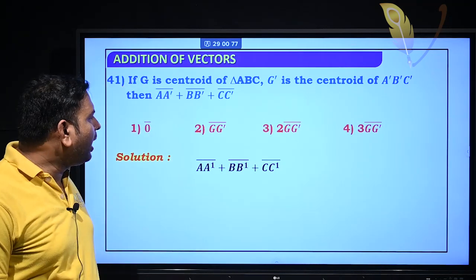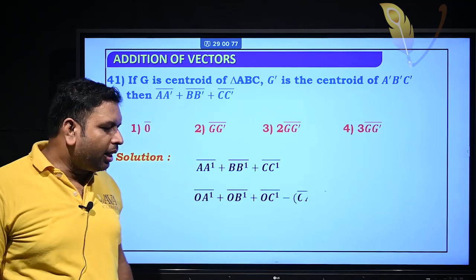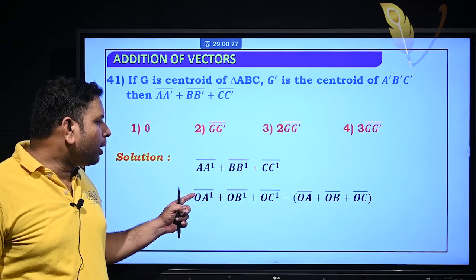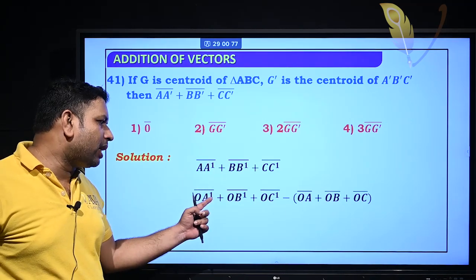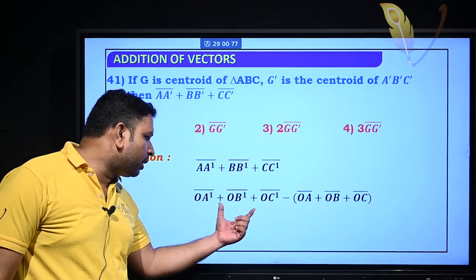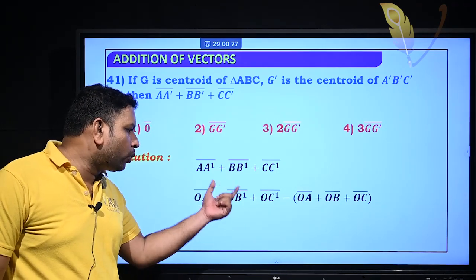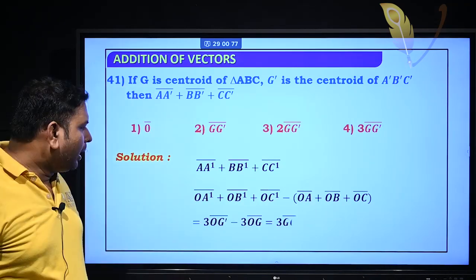Solution. AA dash plus BB dash plus CC dash is equal to OA dash minus OA plus OB dash minus OB plus OC dash minus OC. For simplicity, we can write (OA dash plus OB dash plus OC dash) minus (OA plus OB plus OC).